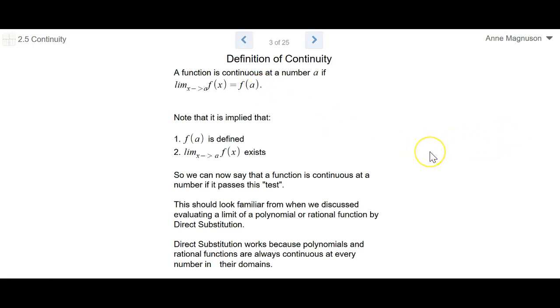If you think back to section 2.3 when we evaluated limits of polynomials and rational functions by direct substitution, that's why we could do that, because polynomials and rational functions are continuous at every point in their domain.